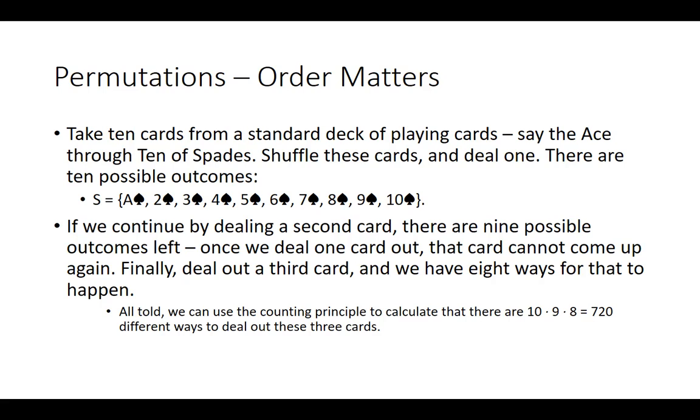If we continue by dealing a second card, there are 9 possible outcomes left. Once we deal one card out, that card cannot come up again. Finally, deal out a third card, and we have 8 ways for that to happen. All told, we can use the counting principle to calculate that there are 10 times 9 times 8, or 720, different ways to deal out these cards.